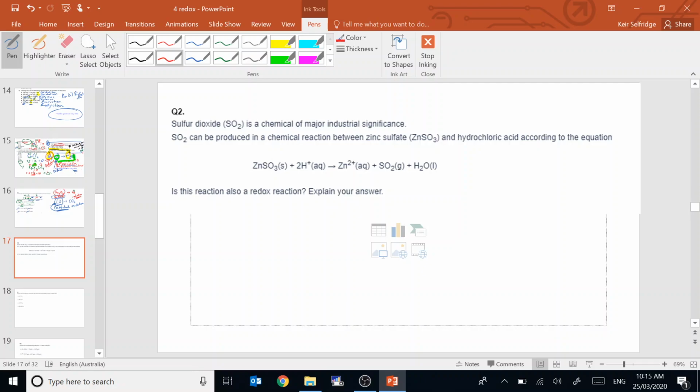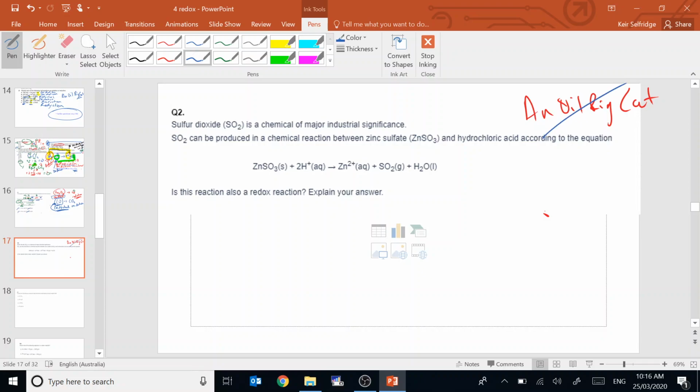The one that jumps out to me first of all is the second method, an oil rig cat. I look at this and I can't see any electrons, so I'm probably not going to use that method. Let's go for the original, the OG method. The OG method is where I can see oxygens.